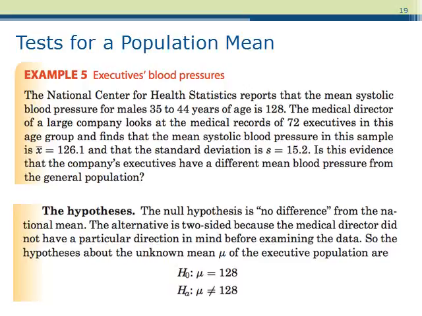First, we must define the null and alternative hypotheses. The null hypothesis is no difference from the national mean. The alternative is two-sided because the medical director did not have a particular direction in mind before examining the data. So the hypotheses about the unknown mean mu of the executive population are as follows.